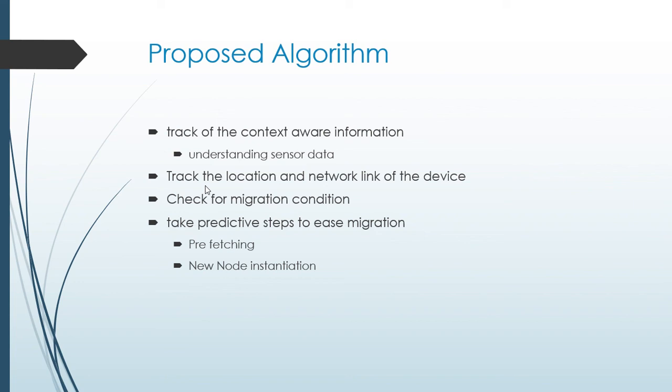Otherwise, you just skip to the new node instantiation and then direct the device to the new node. The new node selection will also be part of the device. If the new node is congested, we can also select another node that is nearer but not too congested. So these are the steps that I propose. And yes, that's it. Thank you.